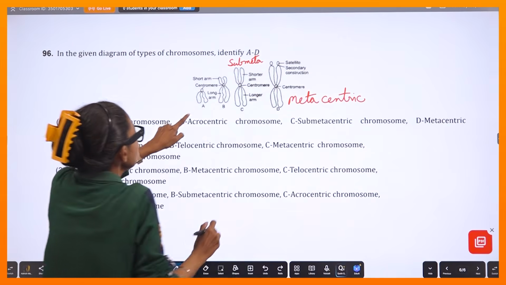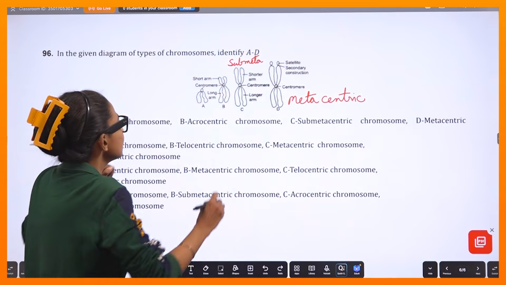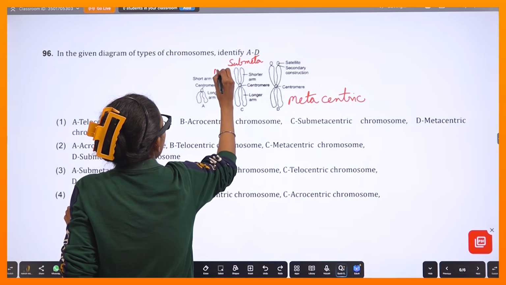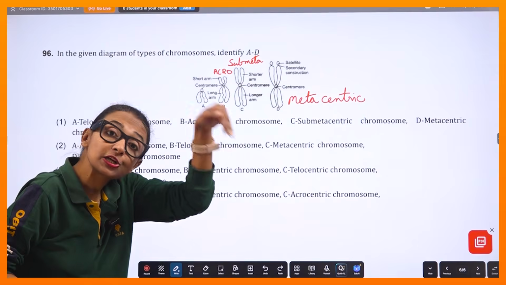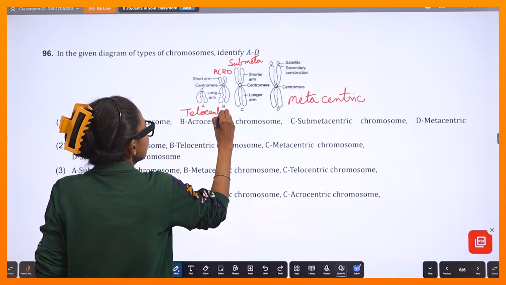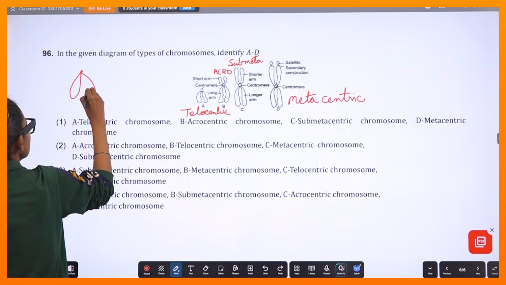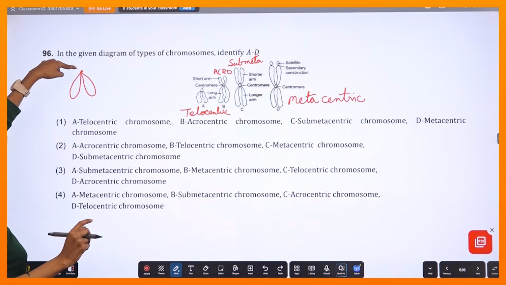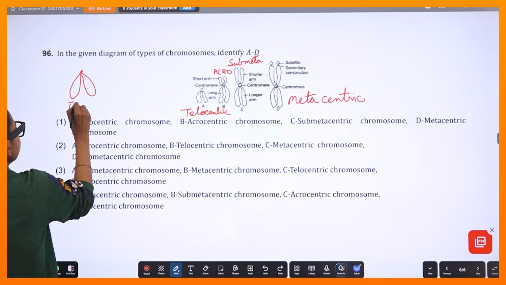If it is more towards the other end, then it's acrocentric. If it is at the end or telomere, then it is called telocentric. Let me draw it. So this is telocentric. This is the centromere and these are the other arms, telocentric.